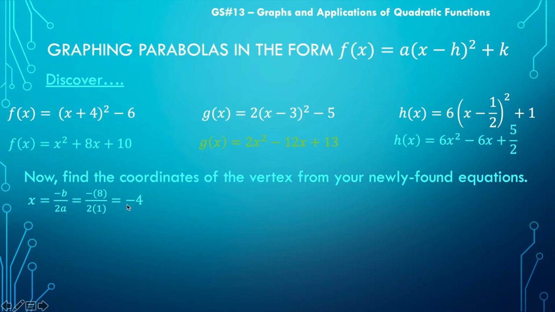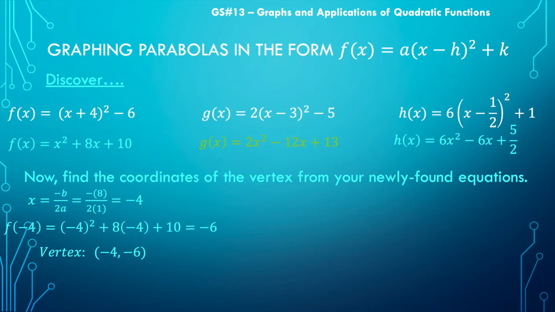Now when I substitute that in to find my y value, f of negative 4 is negative 4 squared plus 8 times negative 4 plus 10, which all equals negative 6. So my vertex is negative 4, negative 6. Okay, so pause the video, find the vertex for g of x and h of x, and then come on back.